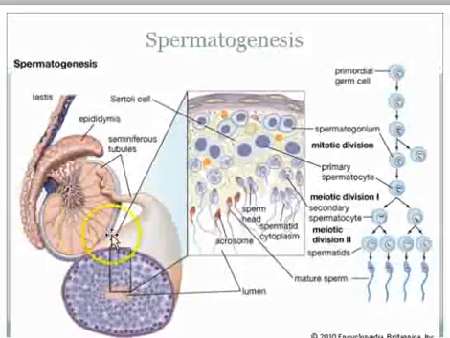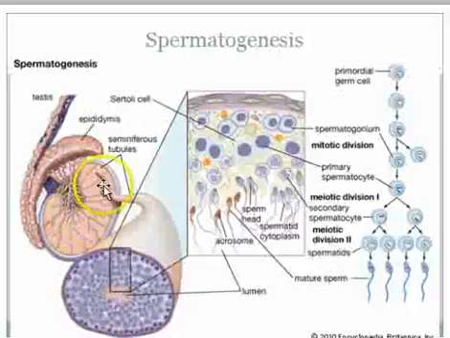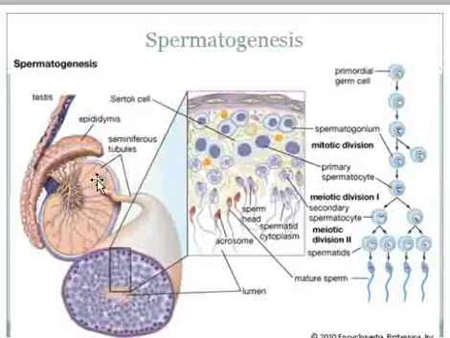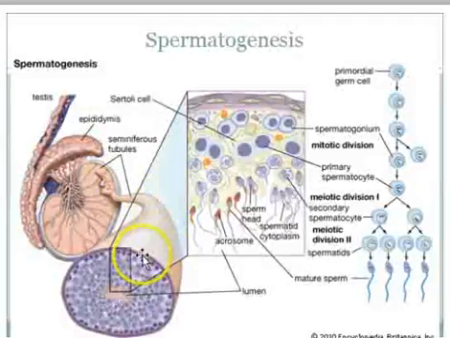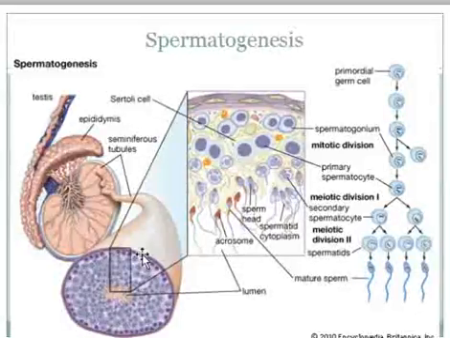So this is our epididymis, our testes, and then here we can see our seminiferous tubules. There's tons and tons and tons of them. And if we do a cross-section of a seminiferous tubule, we can see how spermatogenesis is taking place. So there's 2 main layers. There's the basal layer and the luminal layer.